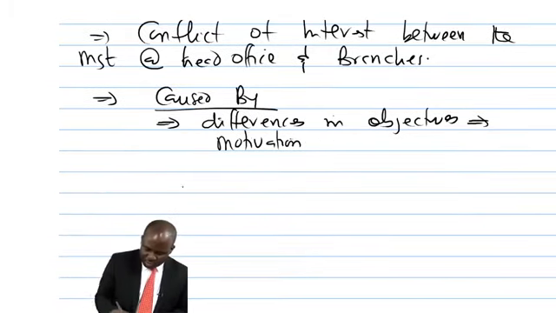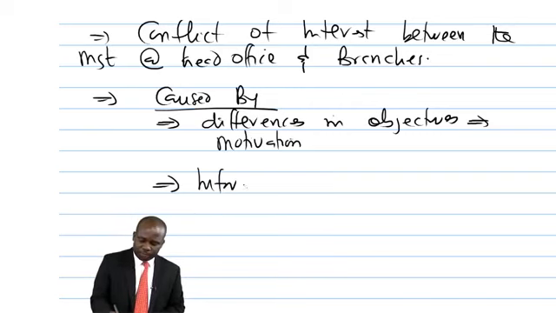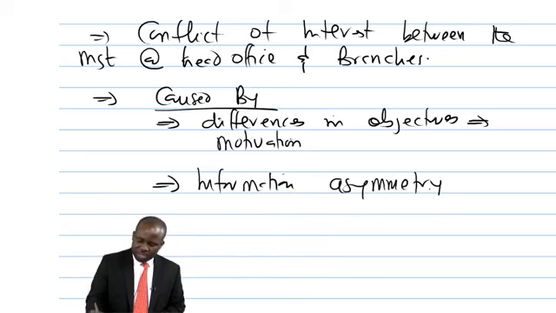Another one, so you explain that. Another one is that there is information asymmetry. Information asymmetry is just simply differences in information available.